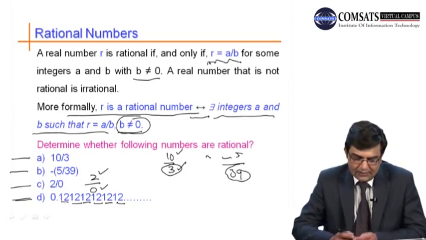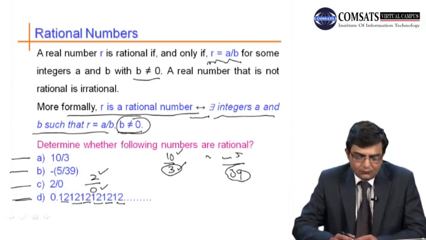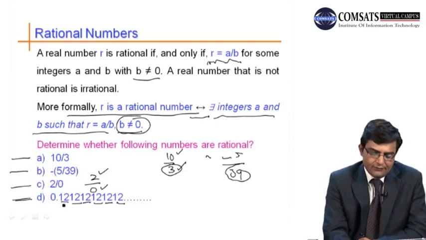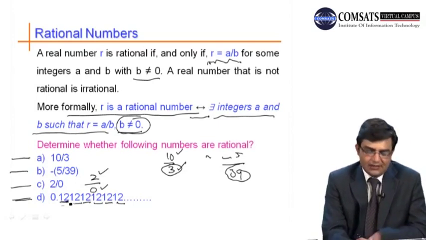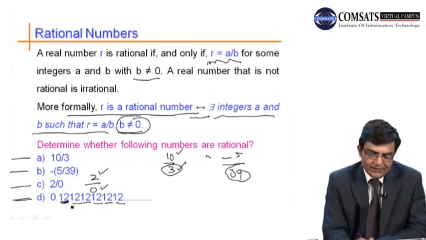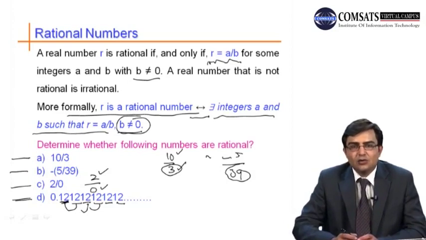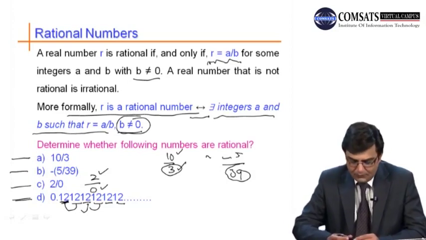Such decimal numbers in which a set of integers repeats, here 1 2 repeats, 1 2 repeats, 1 2 repeats, are also rational numbers.